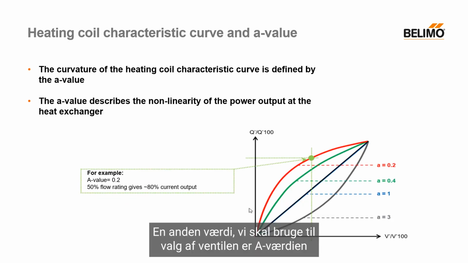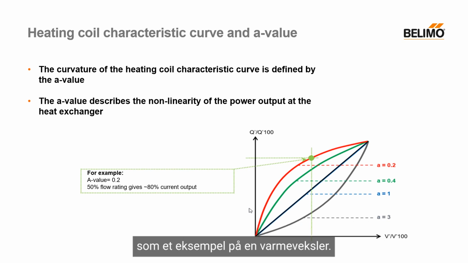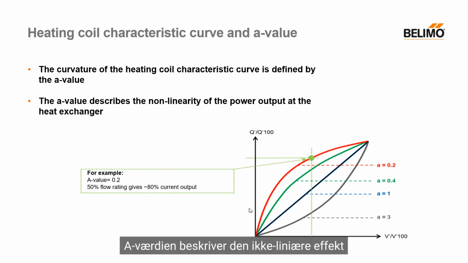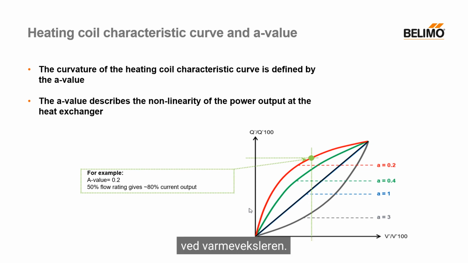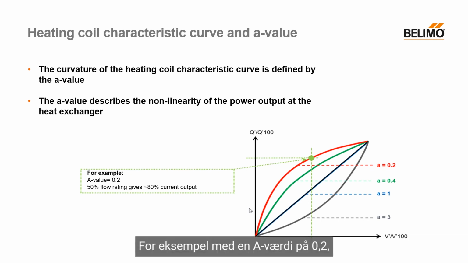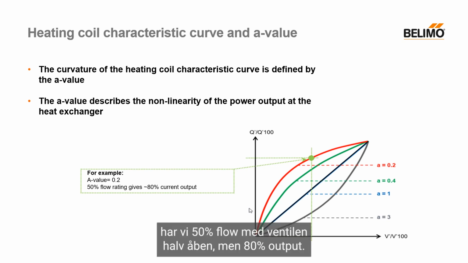Another value we need for valve selection is the A value, as an example, of a heat exchanger. The A value describes the nonlinearity of the current output at the heat exchanger. For example, with an A value of 0.2, we have 50% flow with the valve half open, but 80% current output.